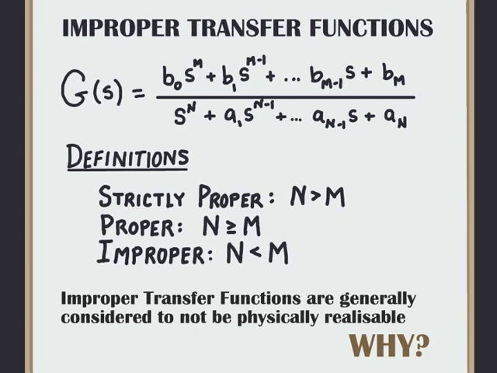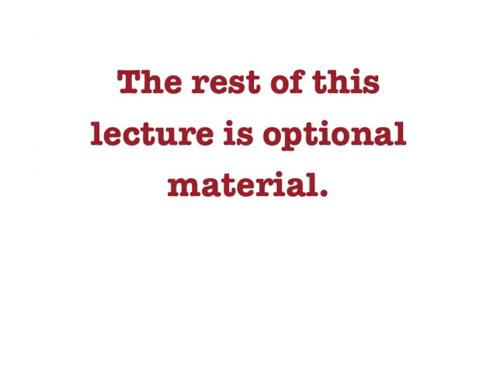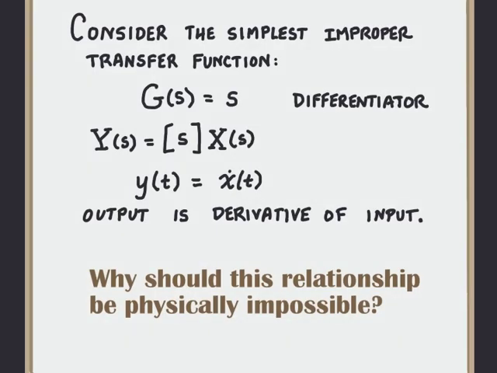Now that we've defined these terms, let's discuss why physical systems will not have improper transfer functions. To illustrate the reasons, let's consider the simplest improper transfer function, and this would be the differentiator, which has the transfer function g of s equal to s.